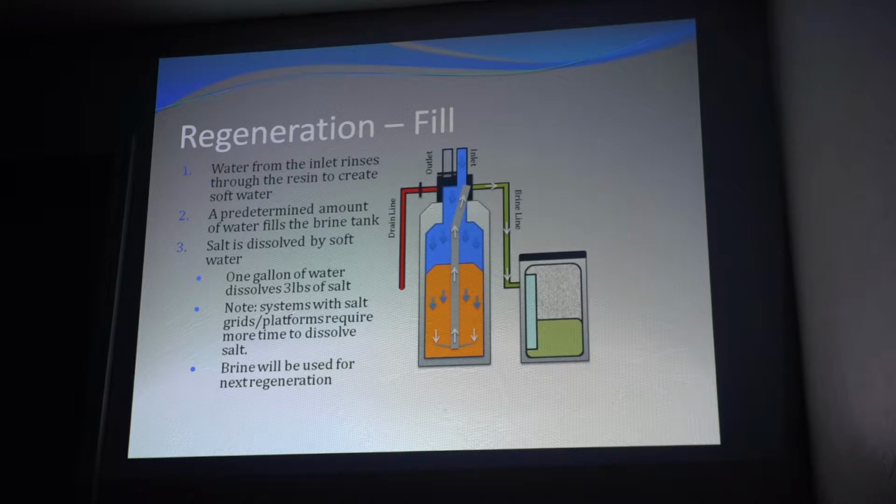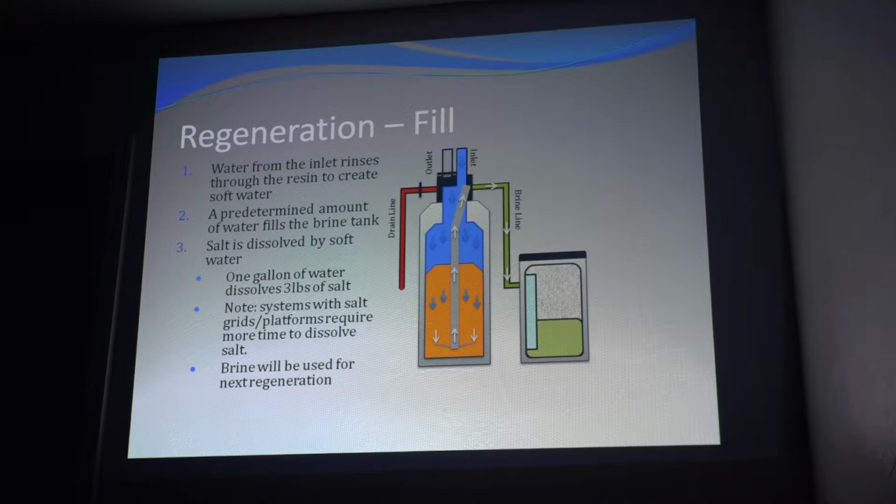And here's one we added yesterday. 1 gallon of water dissolves 3 pounds of salt. Note, systems with salt grid or platforms require more time to dissolve salt. That's key to remember. When you don't have a salt grid, your salt's sitting right down in the water, so all the water is surrounded by salt crystals.